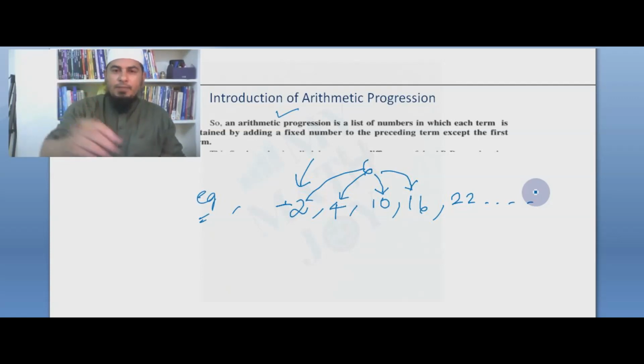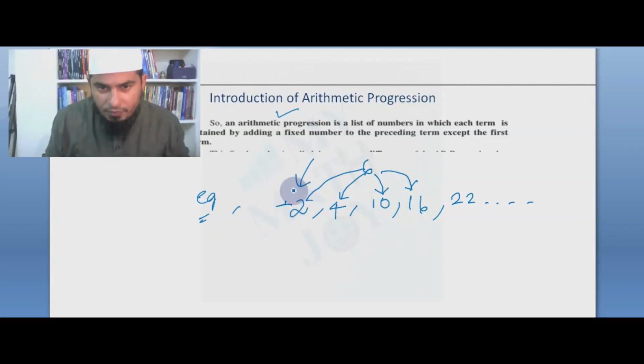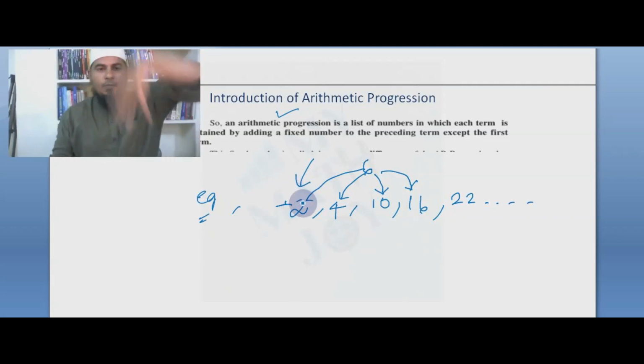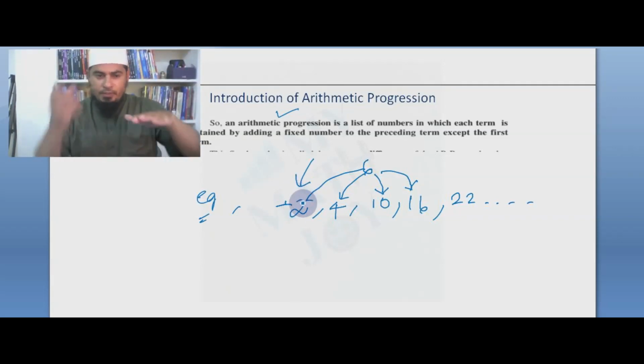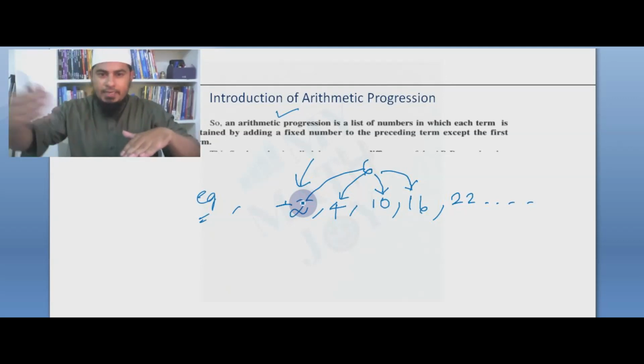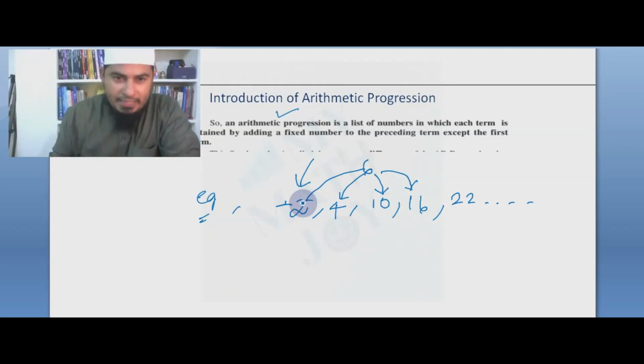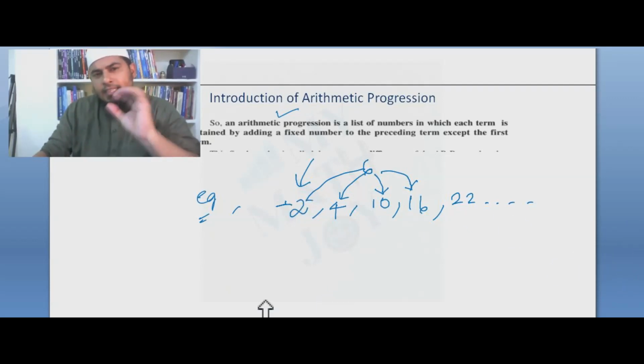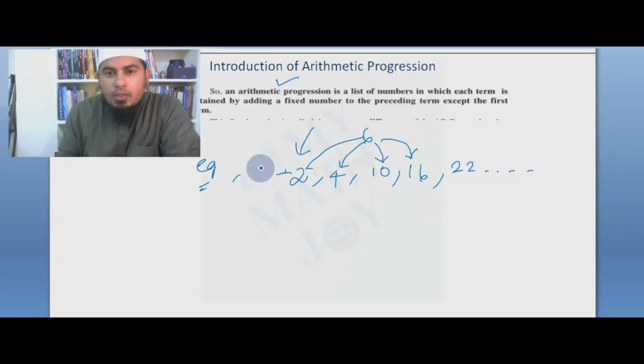What is the definition? Take any fixed number, and continuously add to get successive numbers. But the first number is not obtained from anywhere else. This is my first term. From here, I will add and bring the complete sequence. So this is the arithmetic progression. What is the common thing in any arithmetic progression?